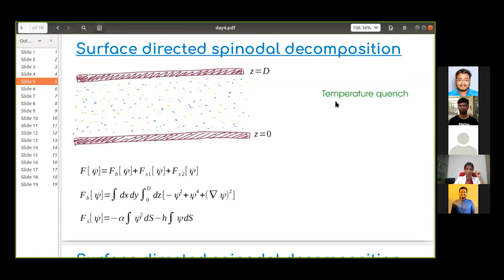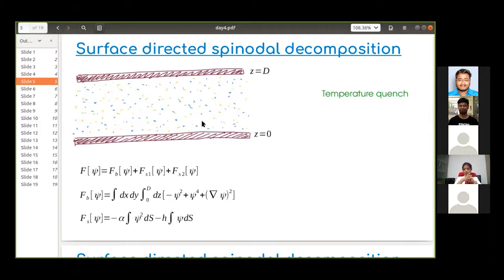Here in this picture, what I show you is a schematic of 2 surfaces, and in between the 2 surfaces, you have a binary liquid mixture, which is kept confined between the 2. Say, for example, for these walls we specify the coordinate as z equal to 0 and z equal to D, capital D. And what you have to do next is to quench the temperature of the fluid.